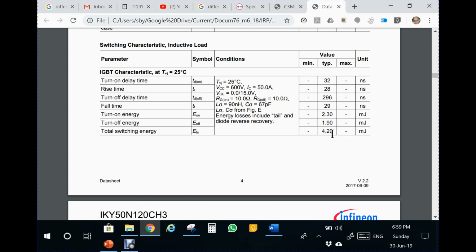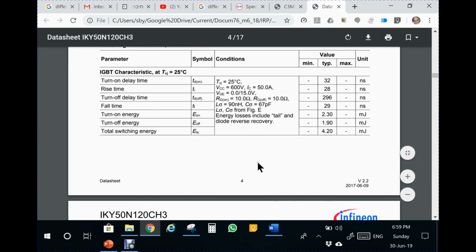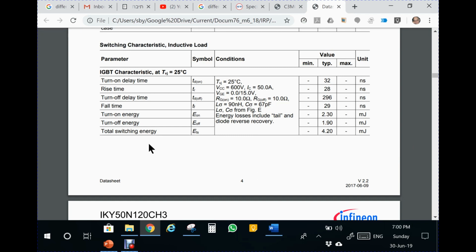It's about a factor of 2 larger than the silicon carbide we have seen before, while the current is a bit lower, because this is for 50 amp, while in the case of the silicon carbide it was for 75 amp. Now we see that the rise time and fall time are pretty much the same, but these are the fall and rise time of the voltage.